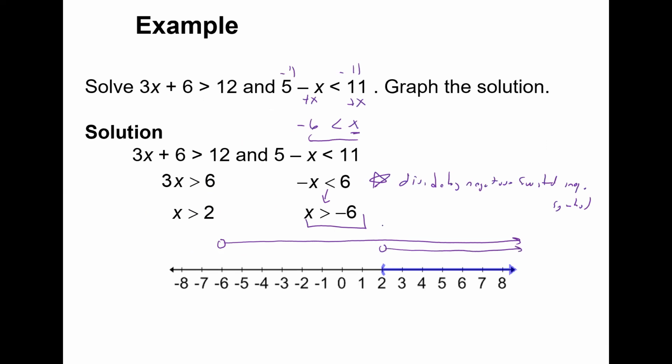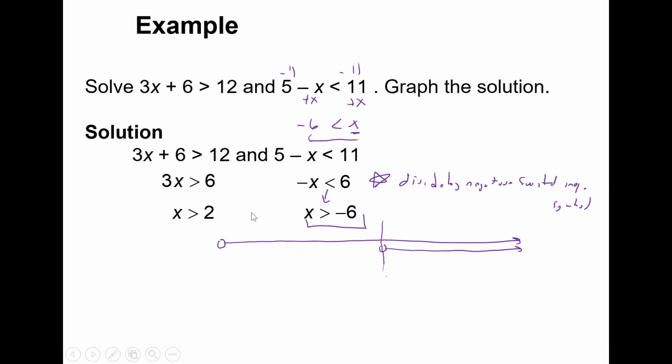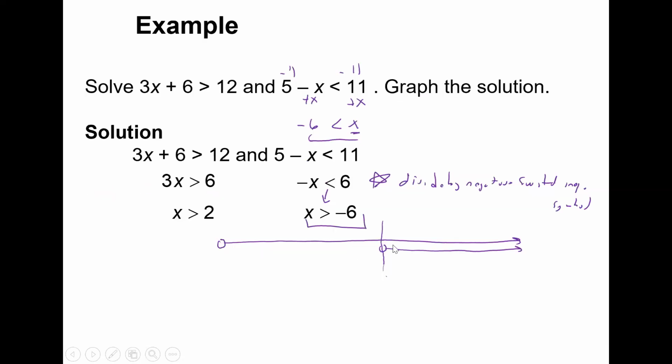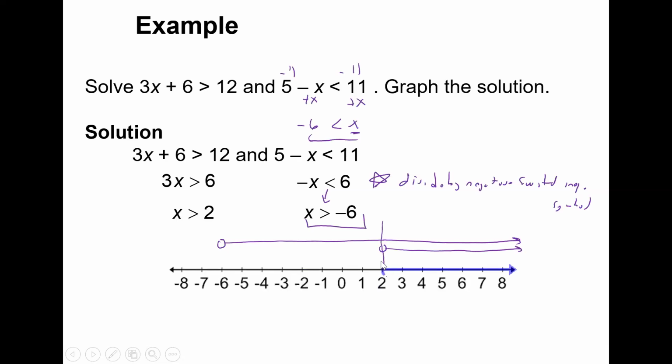The only part where it overlaps is here, and hence the parenthesis and everything that way. So they left out the step before, where over here they did two pieces. This one, they just gave you the answer. So that's kind of a key: it was greater than negative 6 here, greater than 2 here, and when that comes out, this is what you get. All right, so let's stop there and we'll come back for some more.